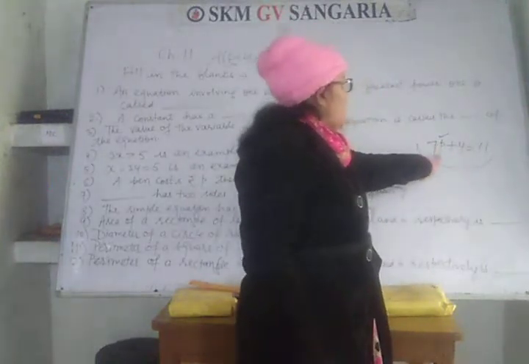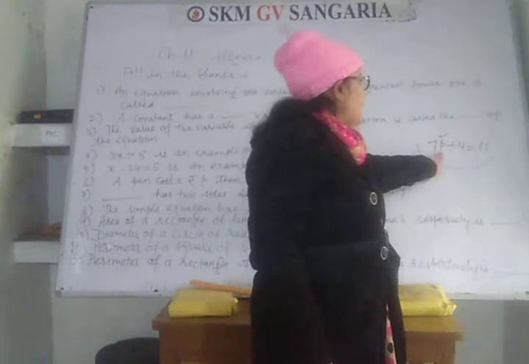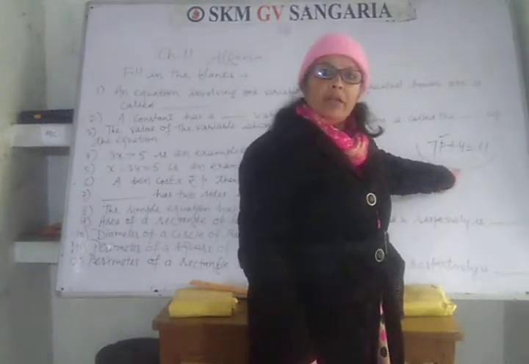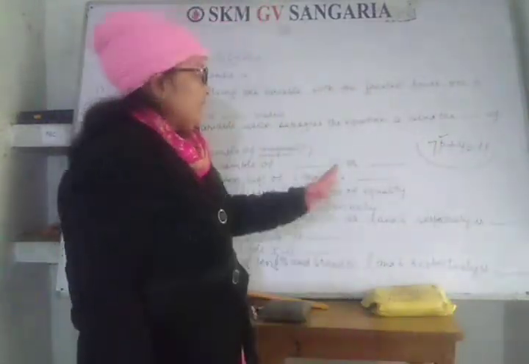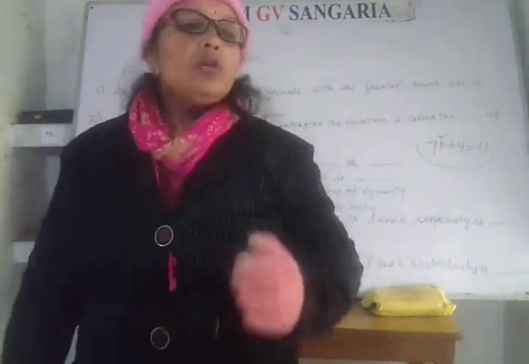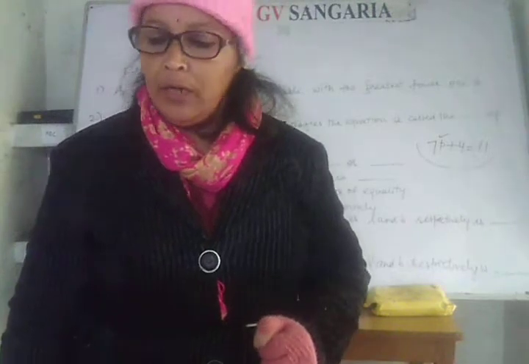Suppose I put the value of p here as 1. 7 multiplied by 1 is 7. 7 plus 4 is 11. So 11 is equal to the right hand side. That means p equal to 1 will be the solution to the given equation.